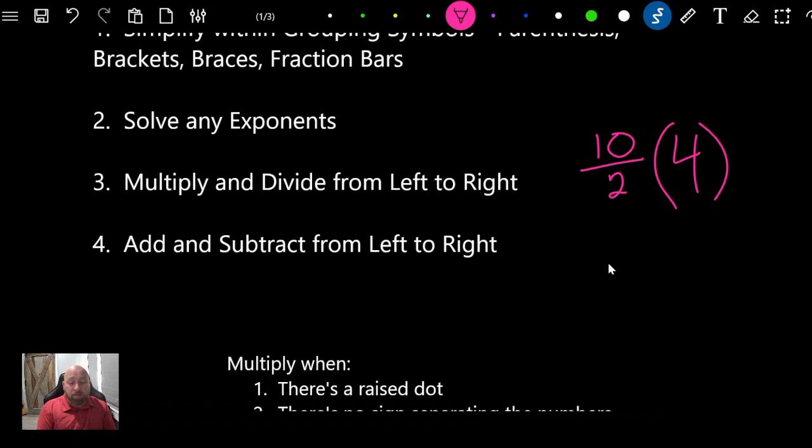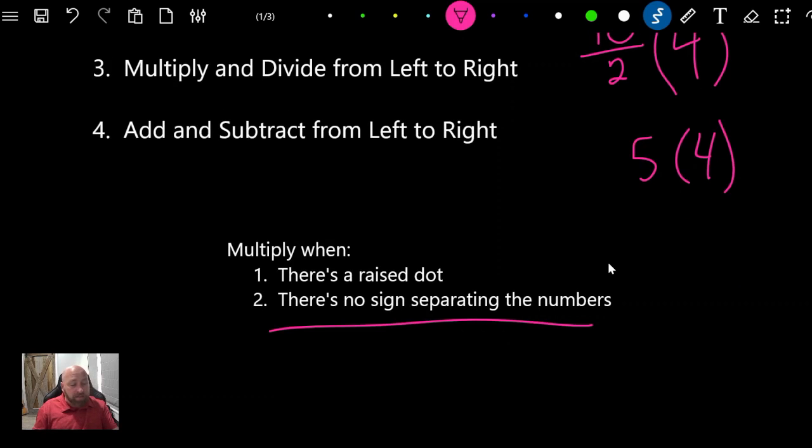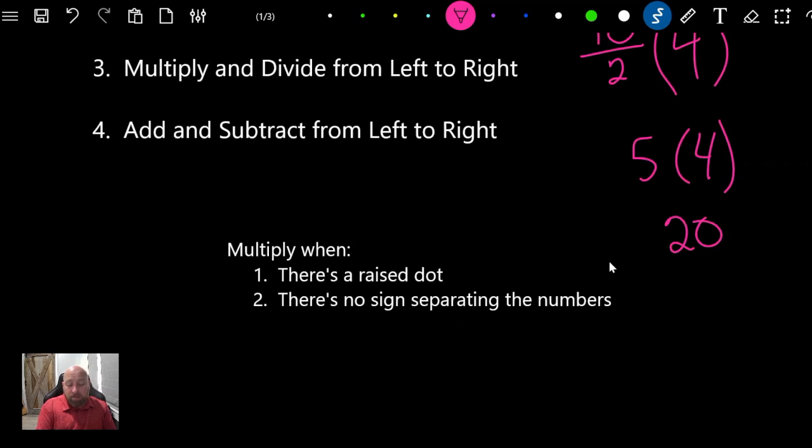We put this parenthesis there. So there's no sign, it's just divided by a parenthesis, you would multiply. So in this case, 10 divided by 2 is 5, and then we know that it's times 4 because there's no sign. So if you go back here, there's no sign separating the numbers. We know we're going to multiply. The answer to this would be 20.